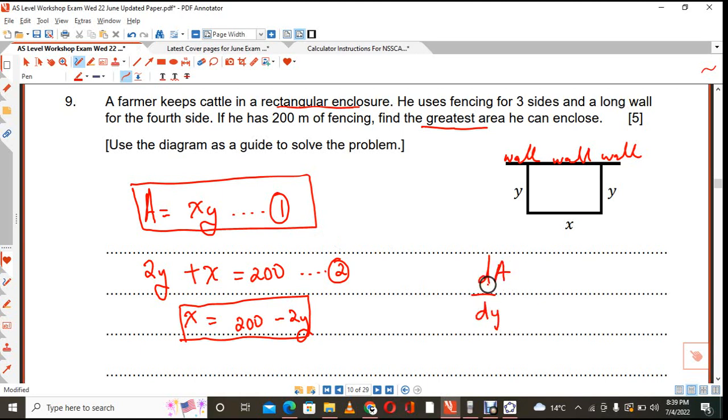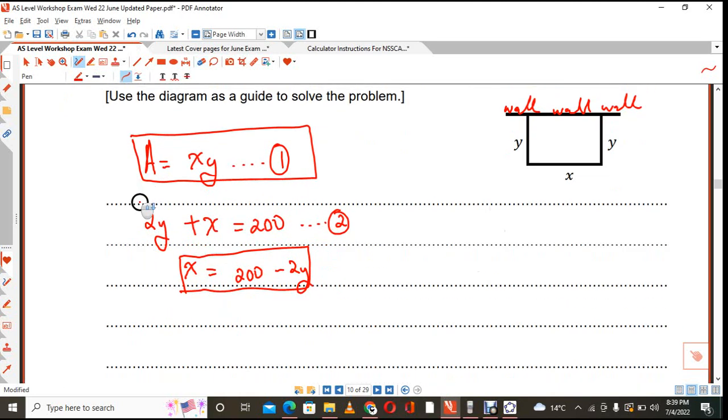So basically we're going to look for the greatest area, so we need to find the derivative of that. So we're going to substitute equation 2 into equation 1.